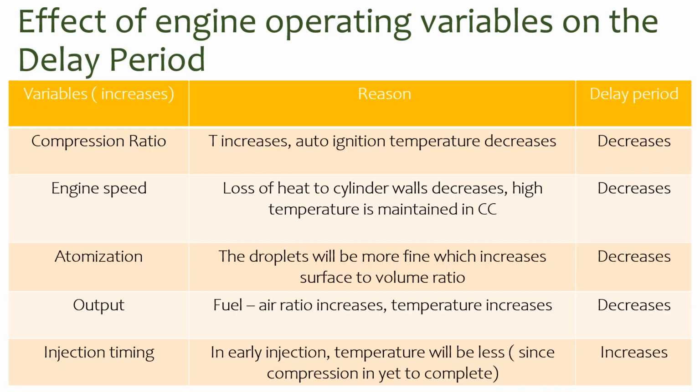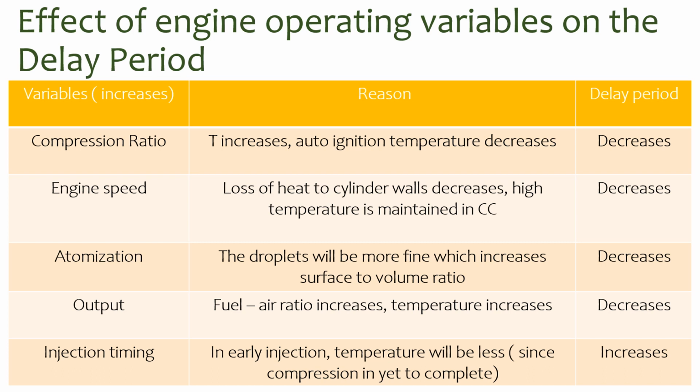Now we'll see the effect of engine operating variables on the delay period. When the compression ratio increases, the temperature will usually increase, which will reduce the delay period. When the engine speed is increasing, the loss of heat to the cylinder walls decreases, which will again increase the high temperature inside the combustion chamber, so that will reduce the delay period.